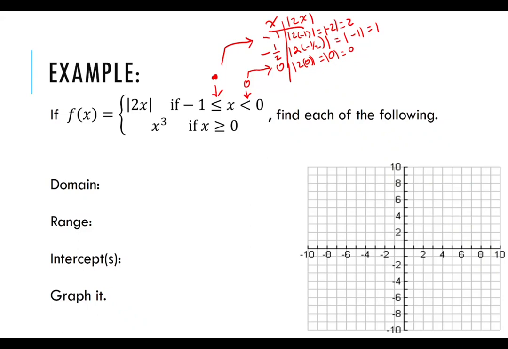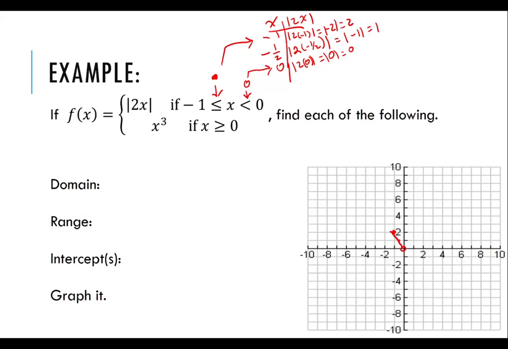Then at the point (-1/2, 1), we know that it actually exists, so that's about right there. And then we have the next ordered pair (0, 0). But be careful, because the point (0, 0) must be an open circle, because it is not equal. So we can connect these, and we see that we do not continue because these inequalities are really trapping that x value between negative 1 and 0.